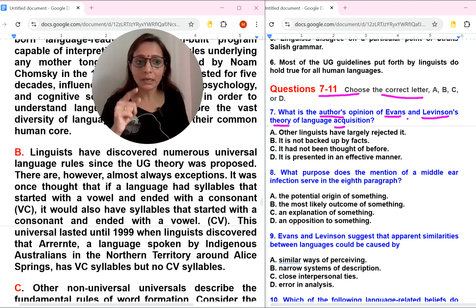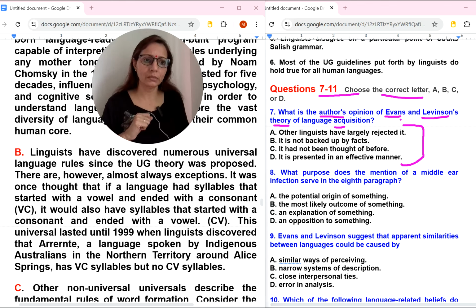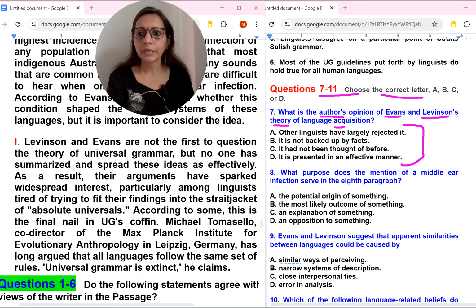I will not read any option here. First I will try to find Evans and Levinson's in the paragraphs. In B it is also not here. So we will just go to the paragraph where we have got Evans and Levinson's. Here in the last paragraph I have got this word theory. See this theory, and these both persons are there.